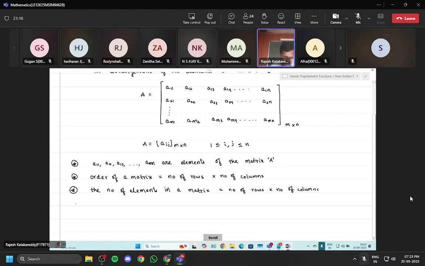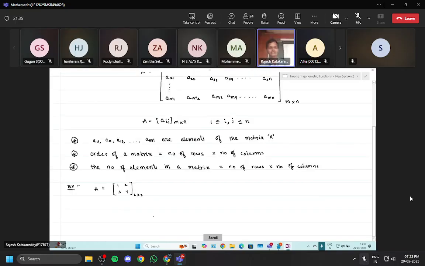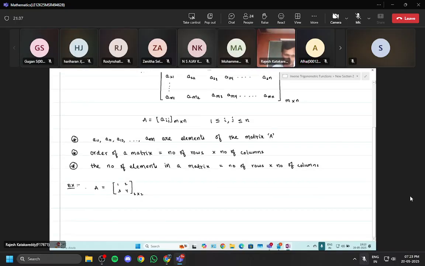So maybe some examples of matrices we are seeing here. This is matrix A you can take. 1, 2, 3, 4. This has 2 rows and 2 columns. If the number of rows and number of columns are equal, that is known as a square matrix.